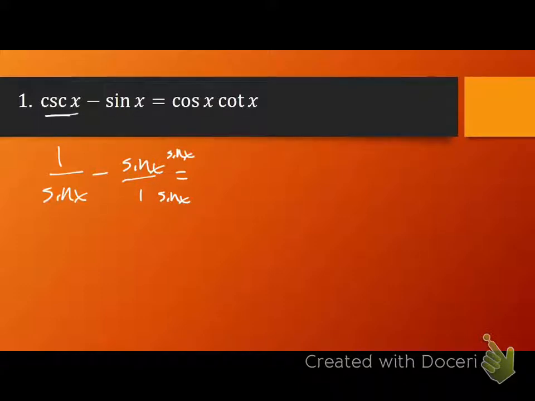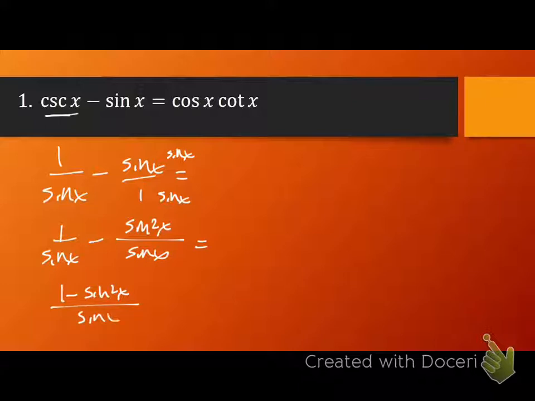So if I multiply numerator and denominator by sine x, I get sine squared over sine x. I get common denominators with the purpose of combining these fractions, so I might as well go ahead and do that. Right? 1 minus sine squared is an identity, right? That gives me cosine squared.